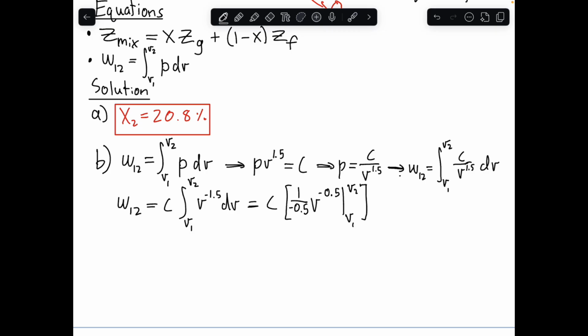So if we write that out, we'll do negative C over 0.5 times V2 to the negative 0.5 minus V1 to the negative 0.5. So this is our equation, and we're almost there. We know V2 and V1.